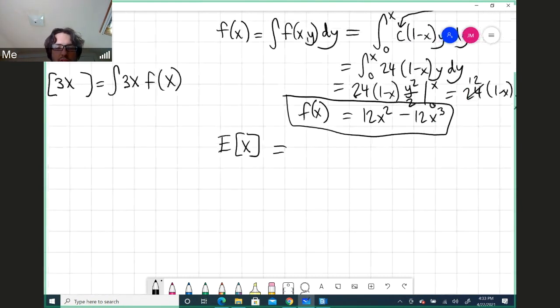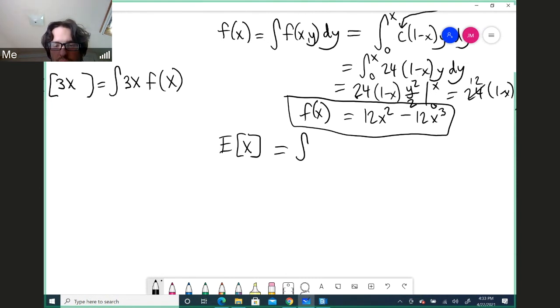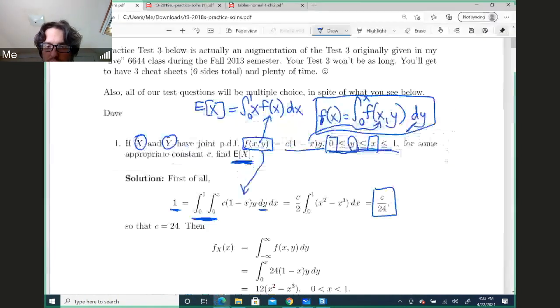In our case, we just have E of x, so we just put the integral of x times the probability density function f of x, which we calculated here. And you want to integrate it over everywhere that the probability function is non-zero. And in our case, of course, that is from 0 to 1.